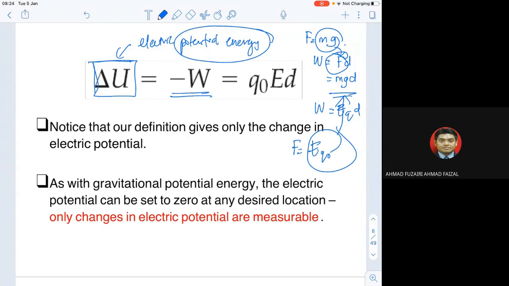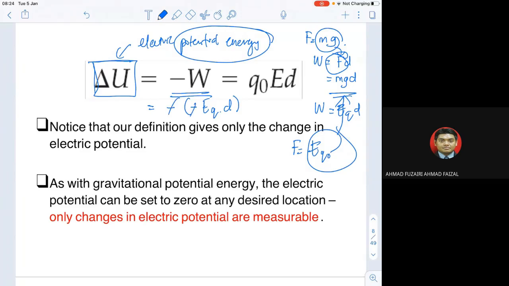The one that you should remember is that delta U, the electric potential energy, is equivalent to negative W. We already established W as negative E Q naught d.